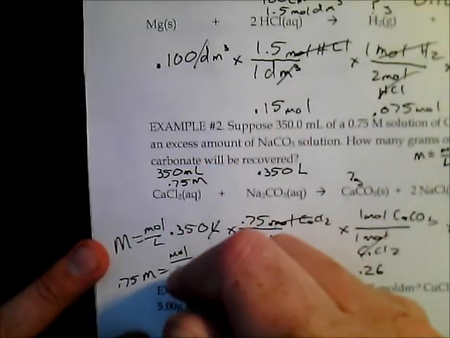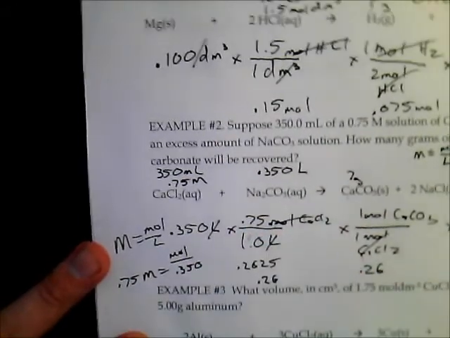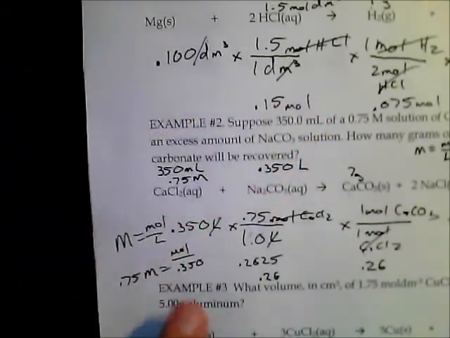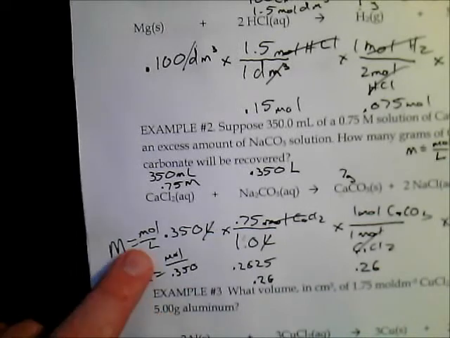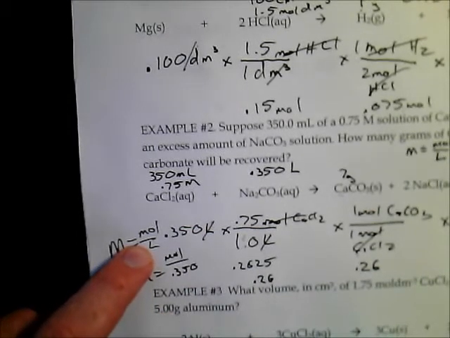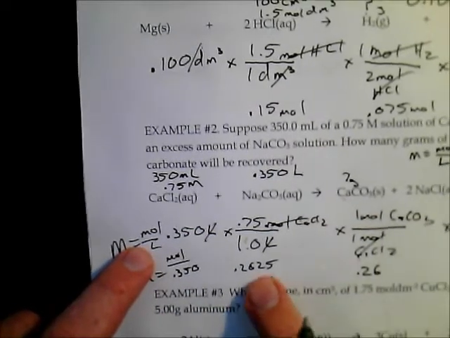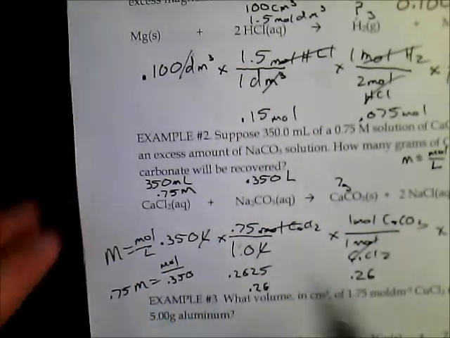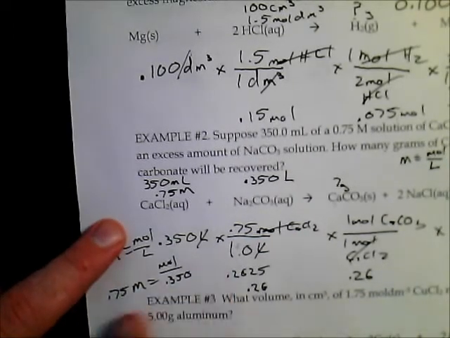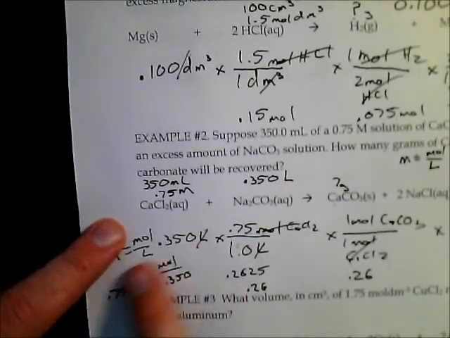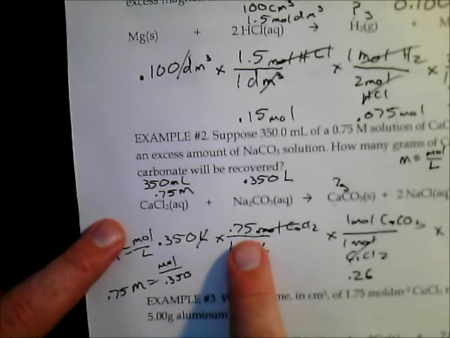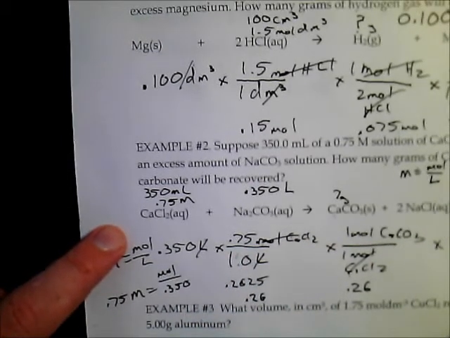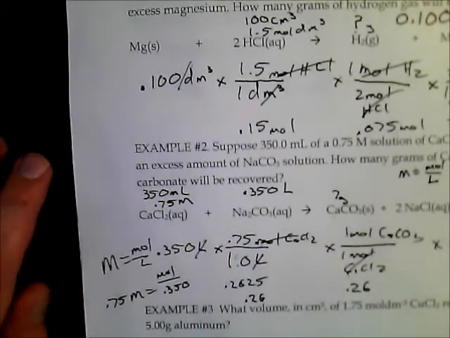We still need to change milliliters to liters, so 0.350, and then you solve for moles that way, and you're going to get 0.2625, and then you'd have to remember to put it into the mole ratio and just go that way. It's the same thing. It's just that if you're more comfortable with algebra, in the first step you can use the molarity equation, find moles, and carry forth that way. Or you can do the dimensional analysis.